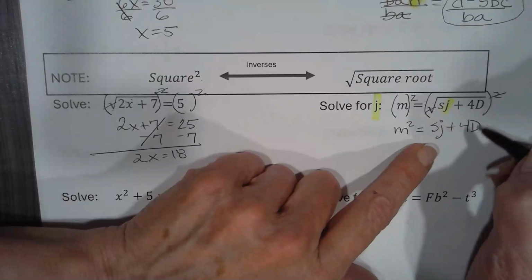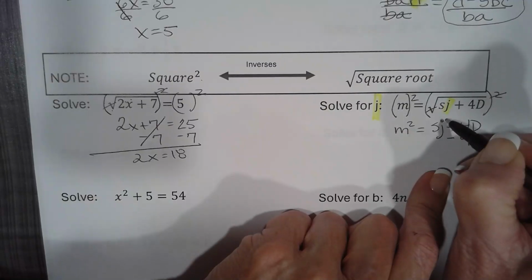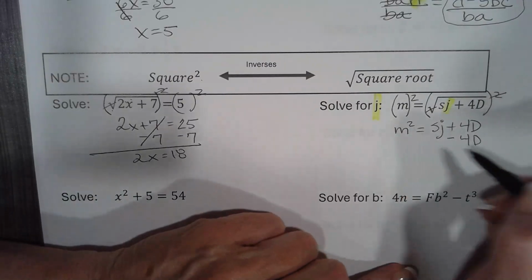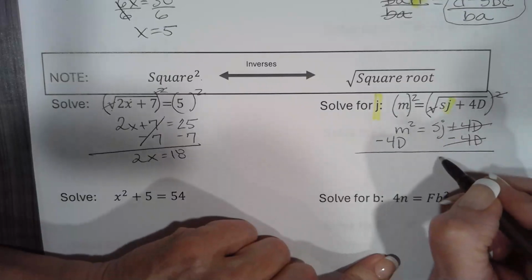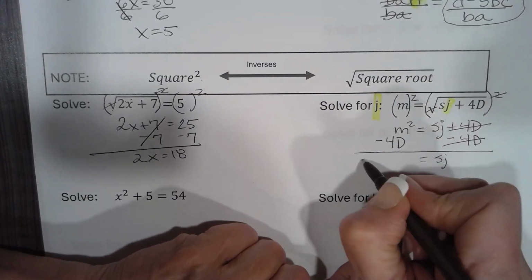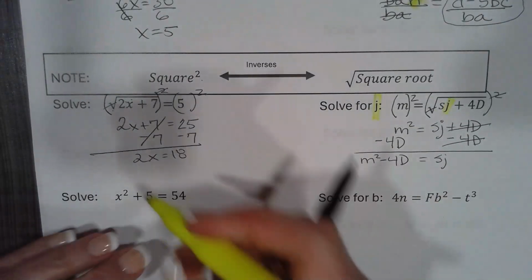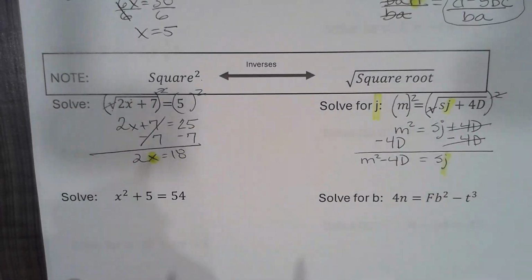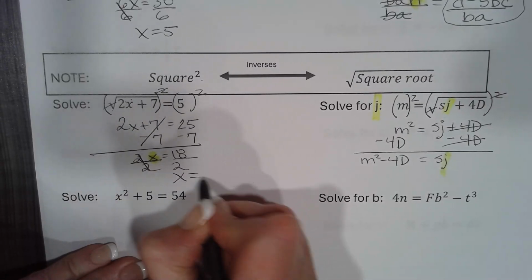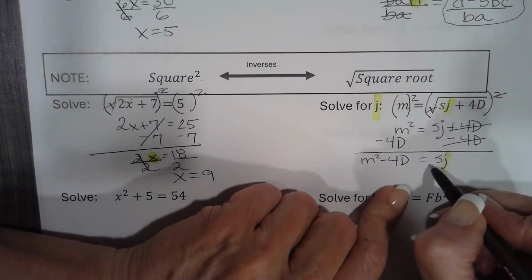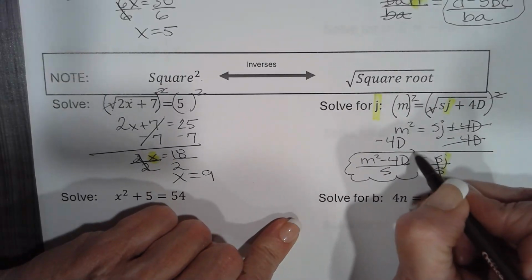Here, just like we subtracted 7, we're going to subtract 4d, because remember, I'm trying to get the j by itself. So I'm going to subtract 4d on both sides. So now I have sj equals m squared minus 4d. Solving for x, I'm going to divide both sides by 2. Solving for j, I'm going to leave the j and divide both sides by s. So here's my expression.